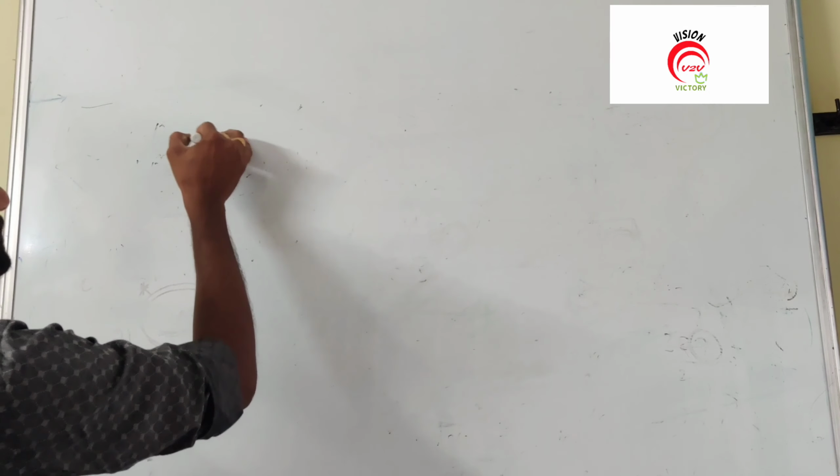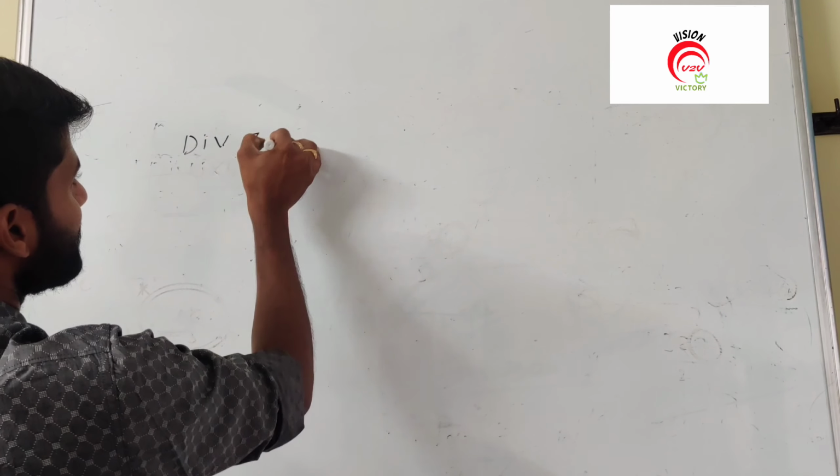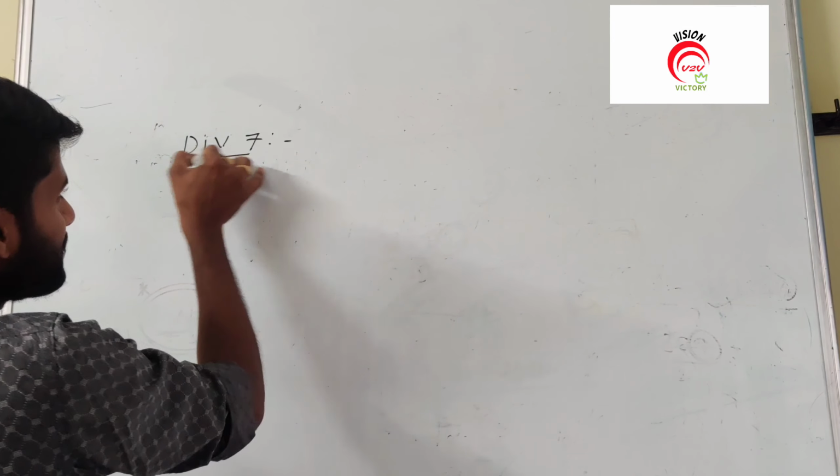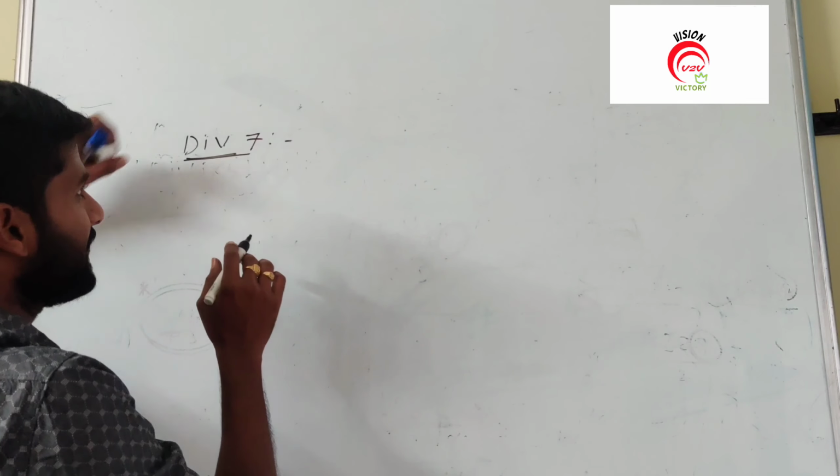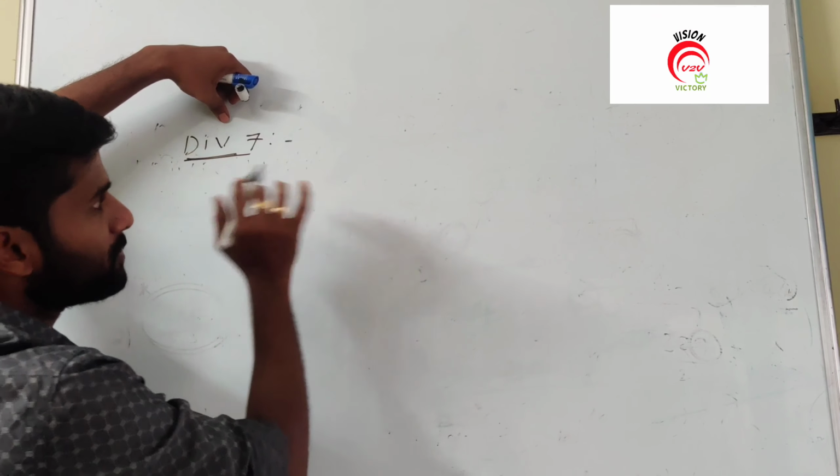Next, we'll continue with the next one. Divisible by 7 rule. How do we check whether a particular number is divisible by 7 or not? See, we need to check with the divisible by 7 rule.